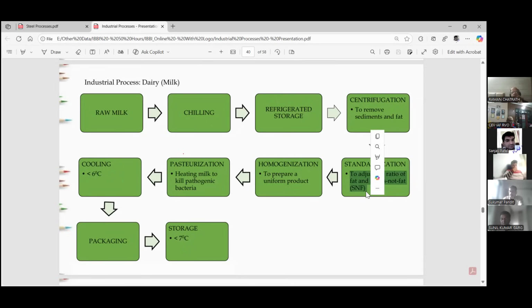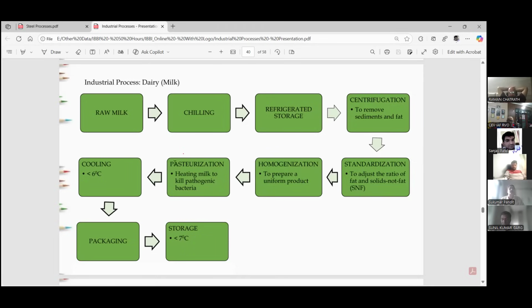This fat cannot easily be diluted into the milk. So after adding fat, we do the homogenization process. Homogenization means it prepares a uniform product. All the fat in the milk becomes homogeneous, meaning we cannot separate it out afterwards.